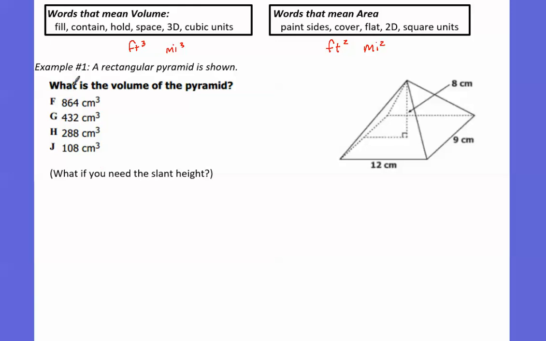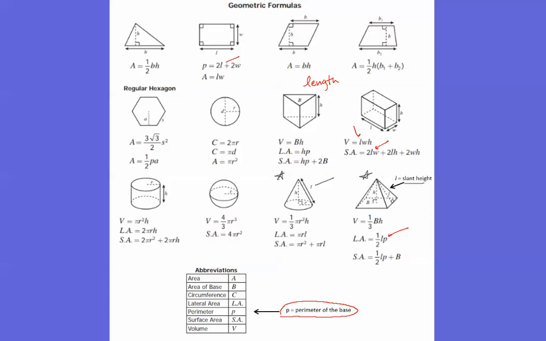Your first example. What is the volume of the pyramid? Well, we need to refer back to the formula sheet, and the formula for the volume of a pyramid is given with this formula here.